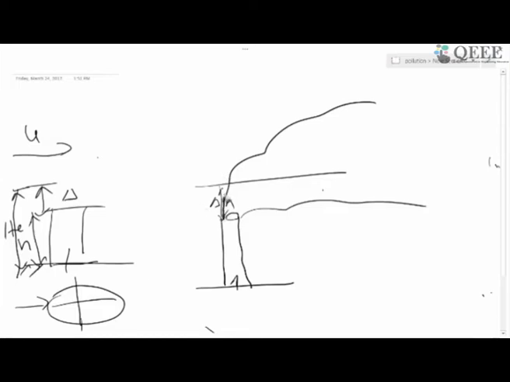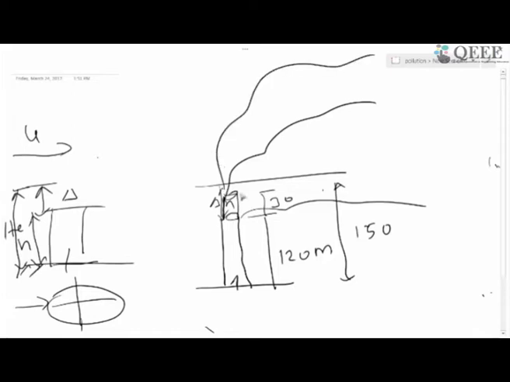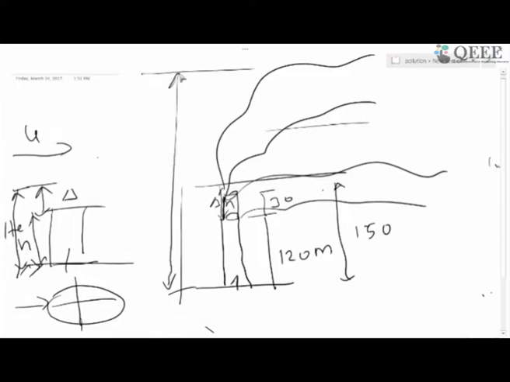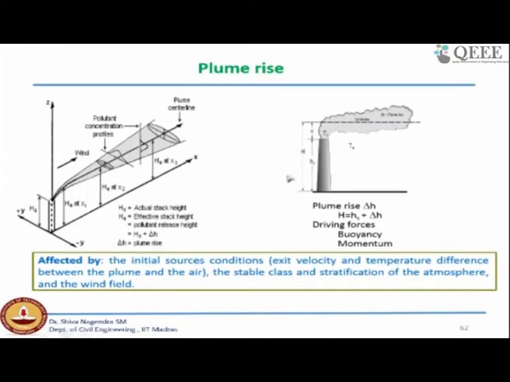Initially the stack height is say about 120 meters, and I have increased it by another 30 meters, so now the total height will become 150 meters. As a result the plume spread will become different. Look at the volume available for the initial plume and the volume available after increasing the stack height. One way of reducing pollutant concentrations in the ambient environment, which earlier was practiced, was increasing the stack height.